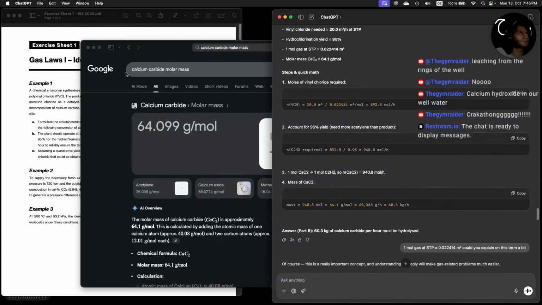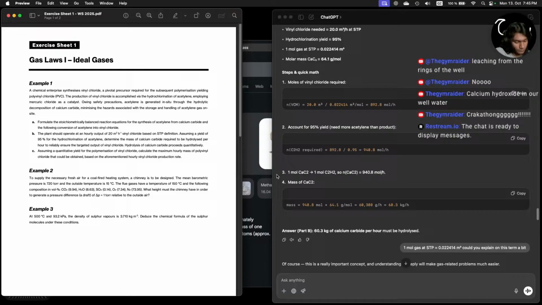The molar mass is 64 grams per mole. So it would be 939.8 times 64.